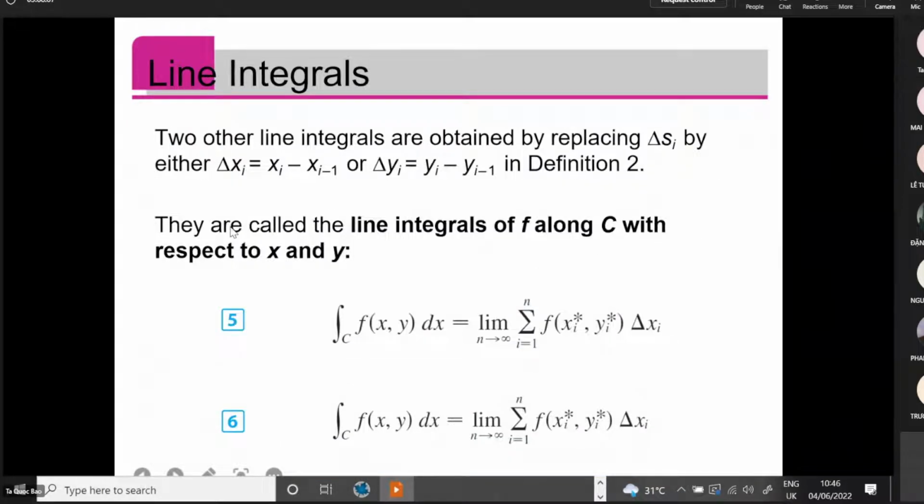So now, if we have a function f along C, the integration of function f along C with respect to x and y, then we have the integral over C of f(x, y) dx is a limit of f at (x_i*, y_i*) times the delta x_i, and similarly for the integration of f with respect to y.